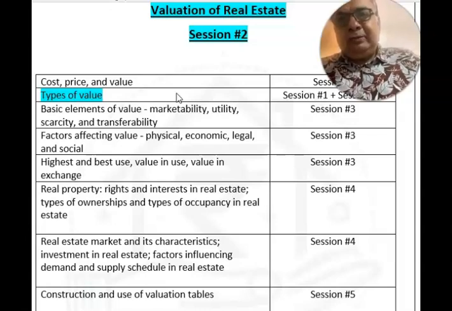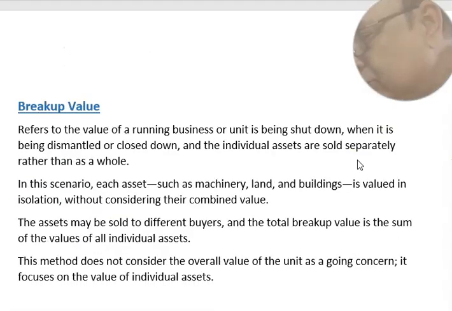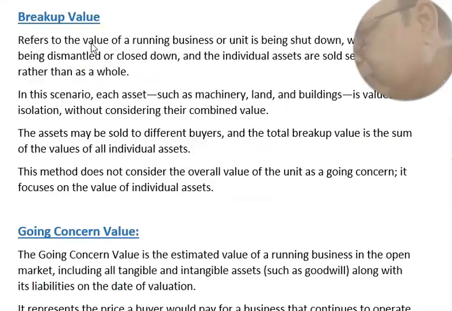Today we will learn the balance types of value. We are starting from breakup value.